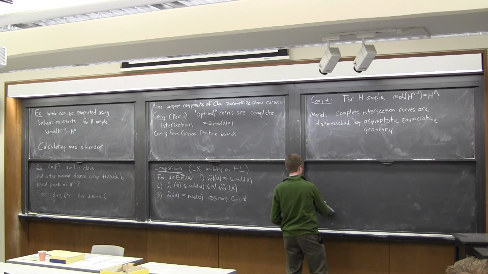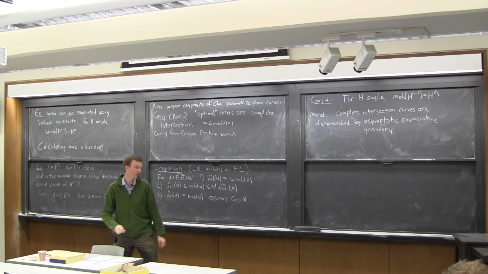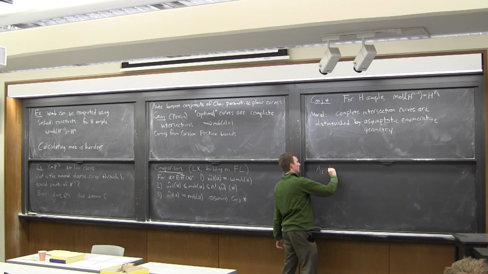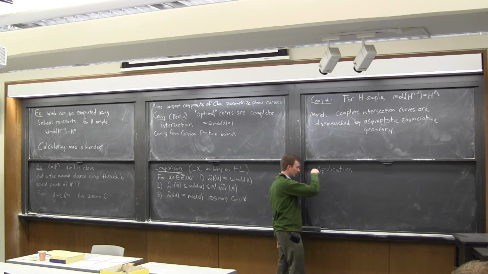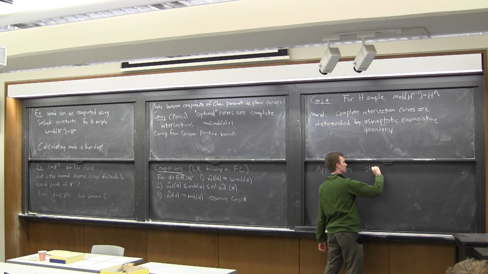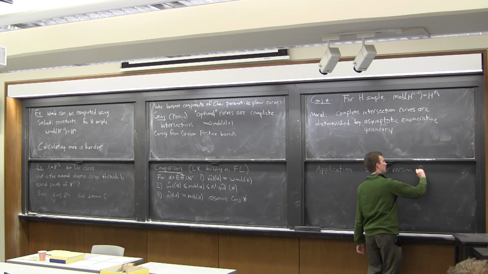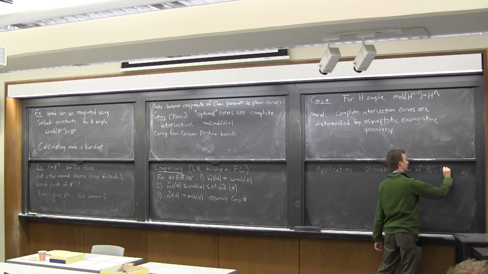So in the remaining time, let me maybe just say one more thing. One application of this theory, it sort of came out as we were working through this, is a stronger version of the paper by Boucksom, Demailly, Paun, and Peternell.